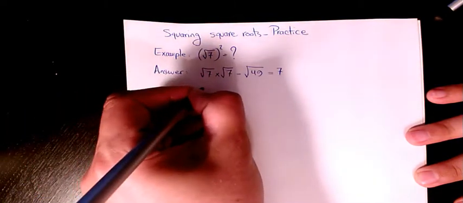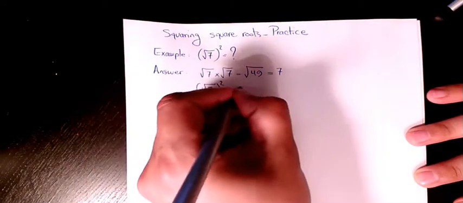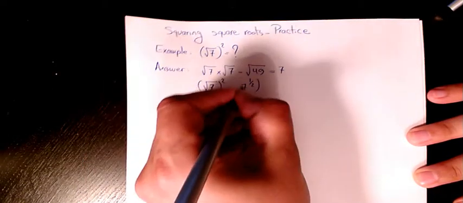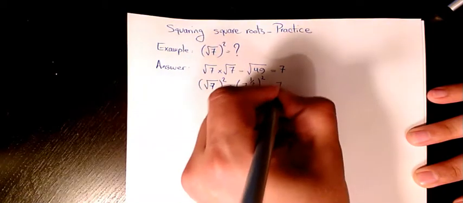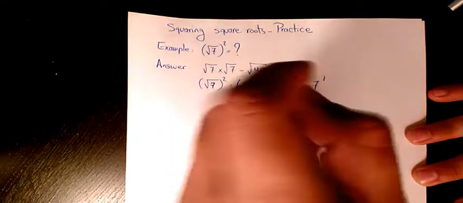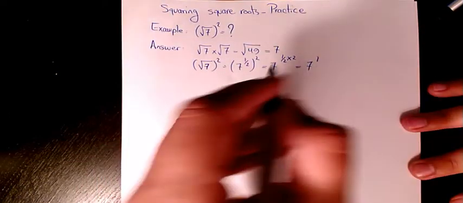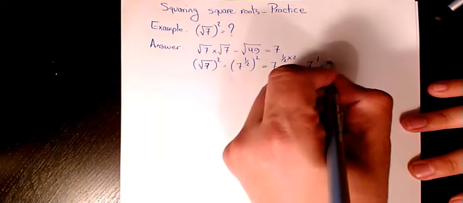Or you can say root 7 to the power of 2 is the same as 7 to the power of half to the power of 2. So 7 to the power of 1 over 2 times 2 is going to be 1. So root 7 to the power of 2 is going to be 7 to the power of 1, or just simply 7.